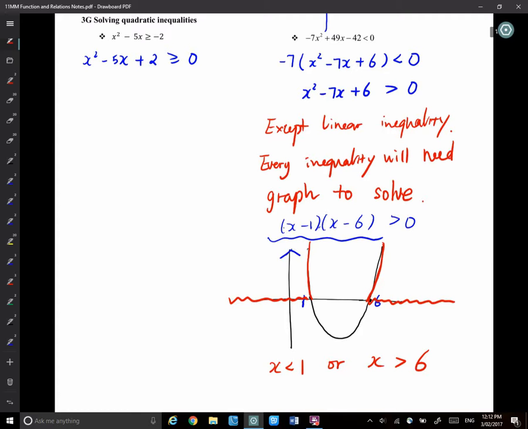I want the value greater than 0, which will be this part of the graph and this part of the graph. What x values give you those two parts? So x smaller than 1 or x greater than 6 will be the final answer.